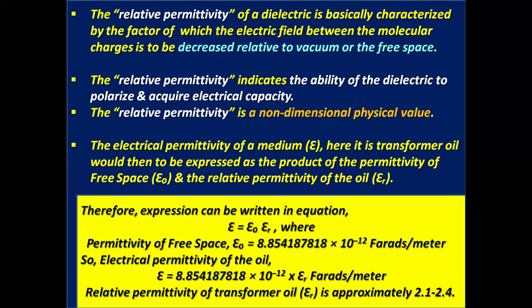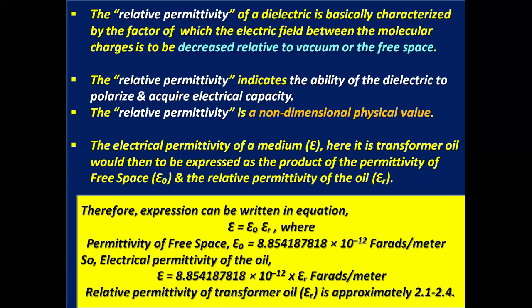Therefore, the expression can be written as the equation epsilon equals epsilon 0 into epsilon r, where permittivity of free space epsilon 0 equals 8.854187818 into 10 to the power minus 12 farads per meter.